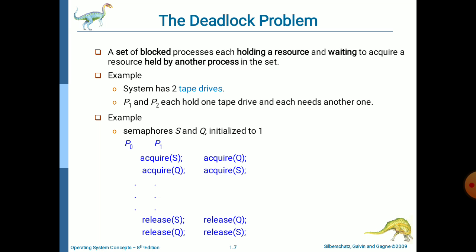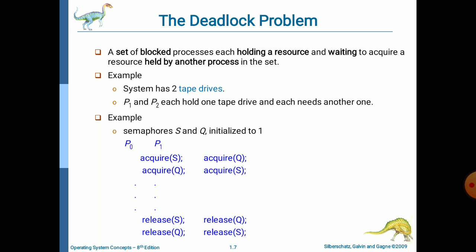So for example, a system has two tape drives, and P1 and P2 each hold one tape drive, and each needs another one. Now just imagine it. There are only two tape drives, and P1 and P2 are the two processes.